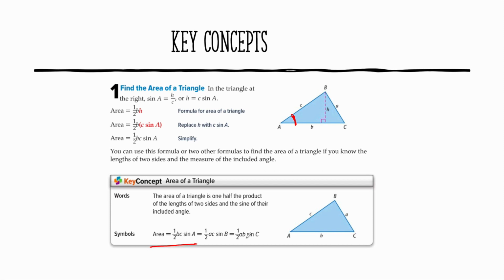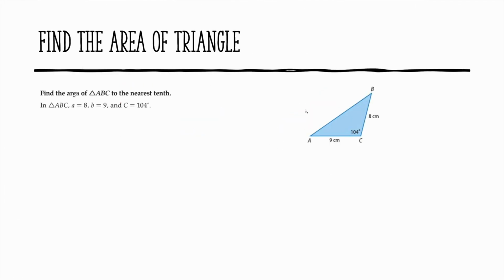All right, let's look at the example and you'll be able to understand how we use the area formula to find the area. Find the area of triangle ABC to the nearest tenth. In triangle ABC, A, as you can see, is 8 centimeters, because it's opposite of angle A. B is 9 centimeters, and angle C is 104.